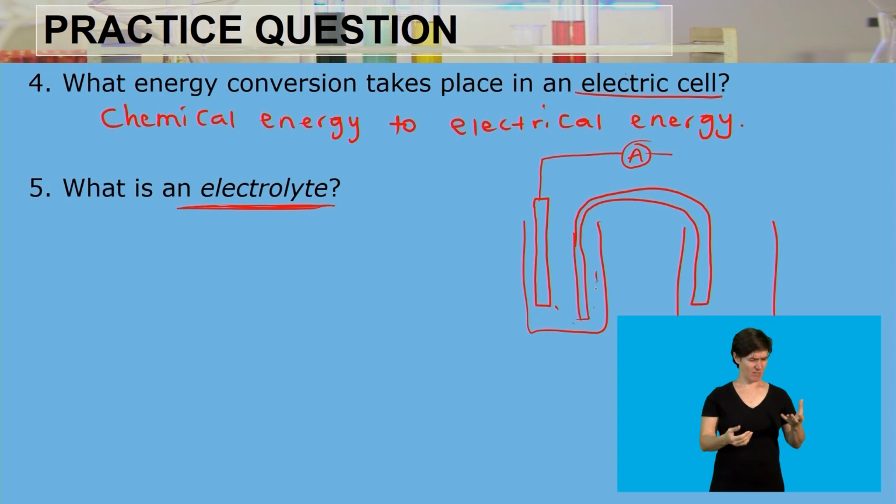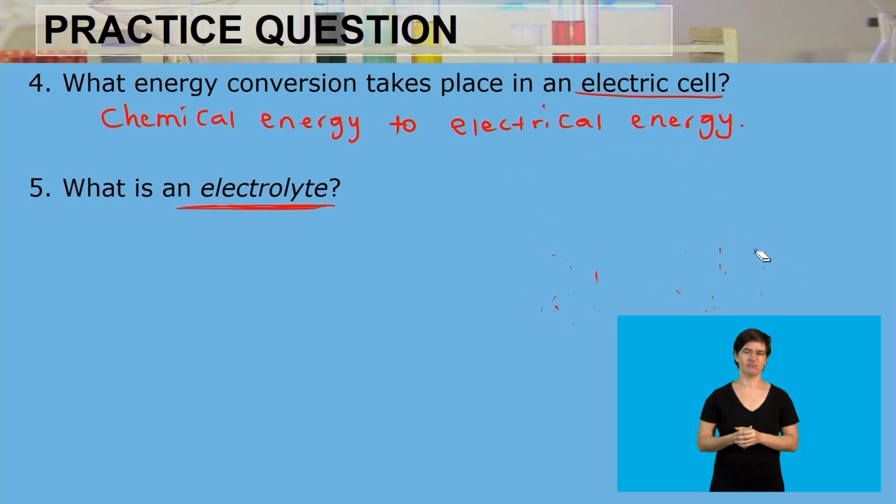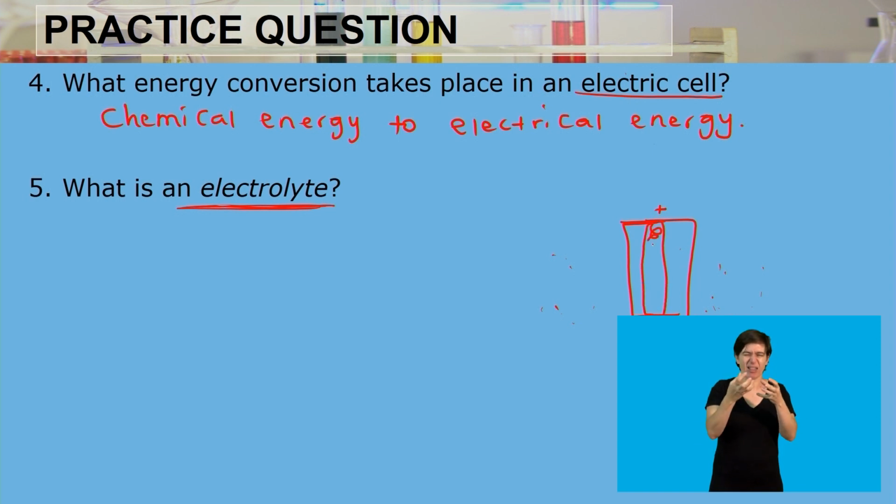And in these two beakers, I have a solution, and this solution is used to conduct electricity. Or we can just take any simple cell that we know of. We have a cell that has a positive terminal and a negative terminal, and inside the cell we have the paste, and this paste is used to conduct electricity, and the name of this paste is your electrolyte.